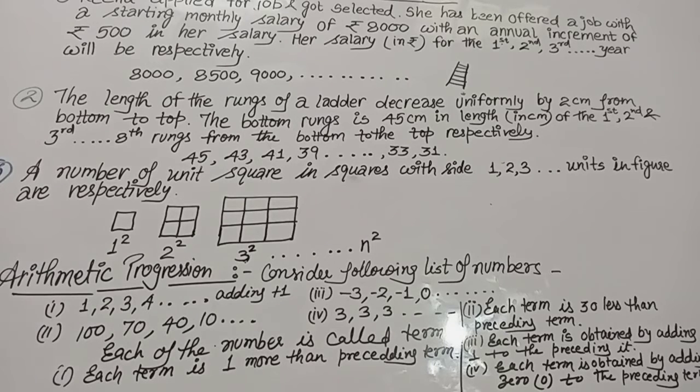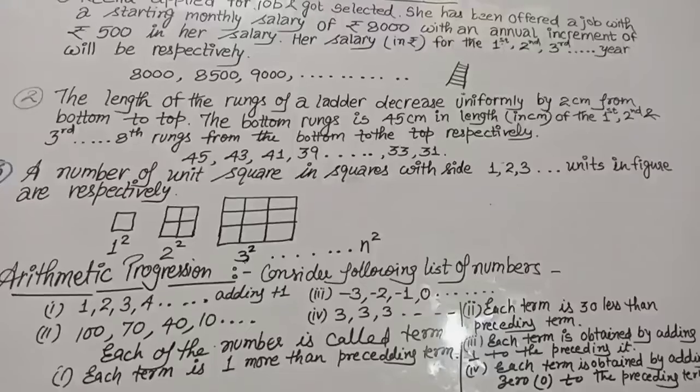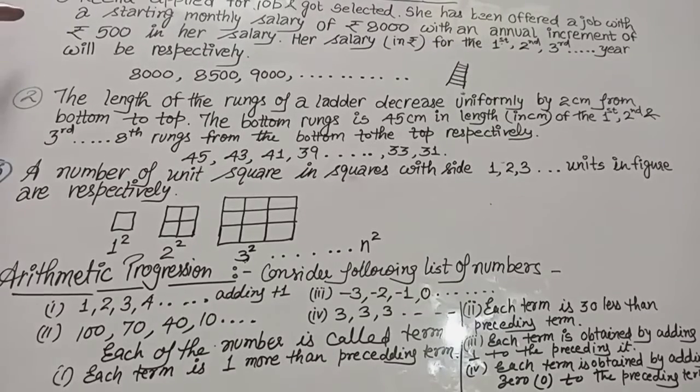These three examples show a pattern, but in the first and second we add something and get a pattern, while the third follows a pattern but not by adding. So in this chapter we use these two examples, and the chapter name is arithmetic progression.